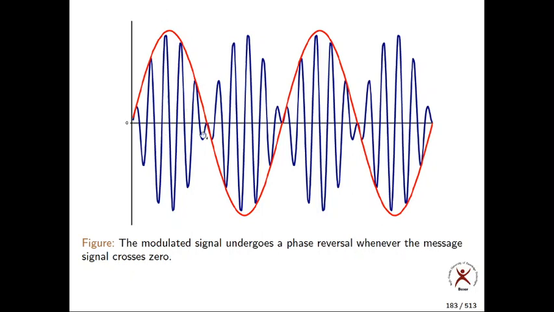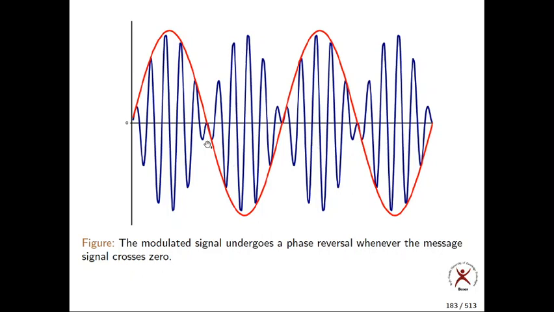After this, it is not going continuously. What should have happened actually? It should have gone like this. But instead of that, it is going like this. So the waveform in this region is the negative of this region. In the same way, the waveform of this region is the negative of the waveform of this region.